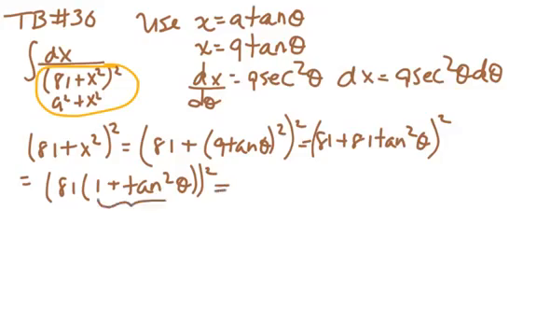Now recognize the trig identity. 1 plus tangent squared is secant squared. So this is 81 secant squared theta, and then that squared. So this is interesting because we just went from, and this is what I was talking about in the prior chart, the sum of two perfect squares to products.